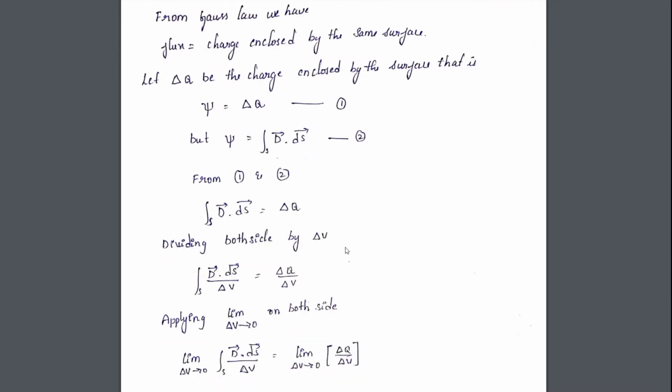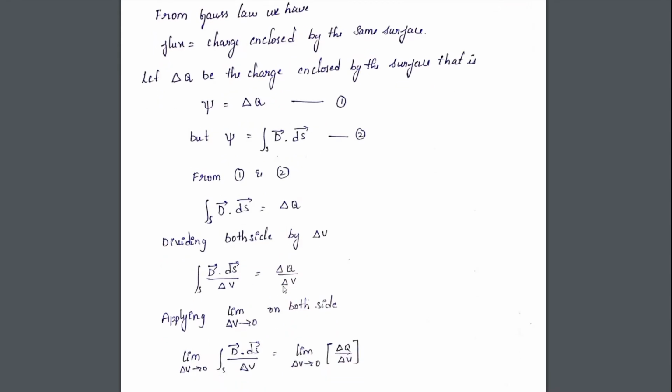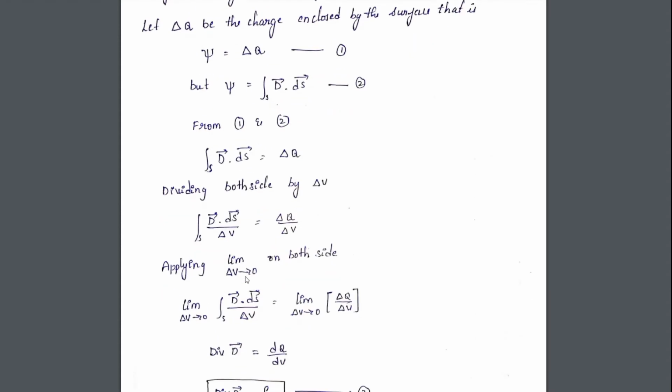Then you need to divide both sides by delta V and apply the limit as it tends to 0. So what does LHS become? Flux upon volume, that is divergence D. RHS is nothing but dQ by dV. dQ by dV is volume charge density, so that can be denoted as rho V.